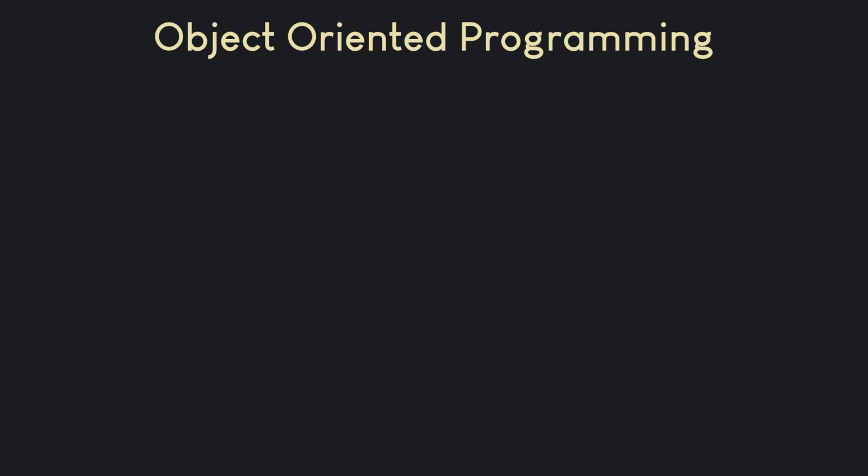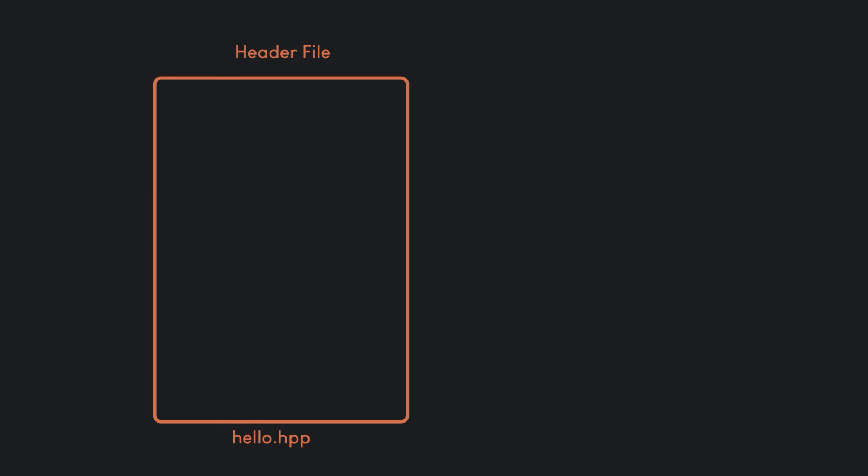We are going to use object-oriented programming to help us organize our code. We will create a grid class. As we are creating a separate class for our grid, we need to separate the declaration of the class and its implementation. This is where the header file and the implementation file come into play. The header file contains the class declaration, including the class name, member variables, and function prototypes.